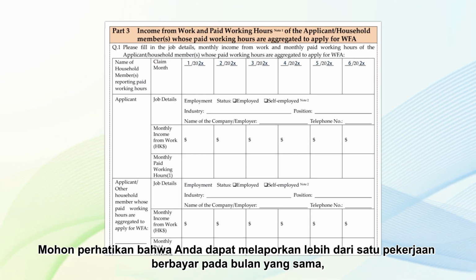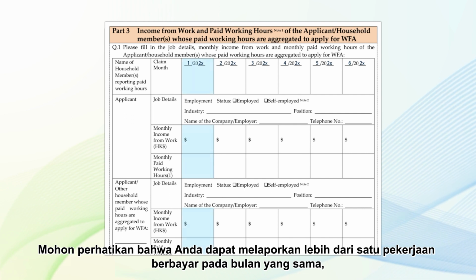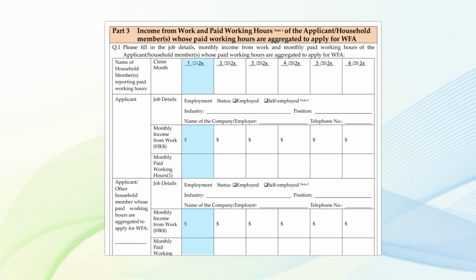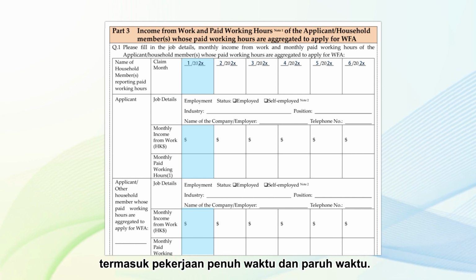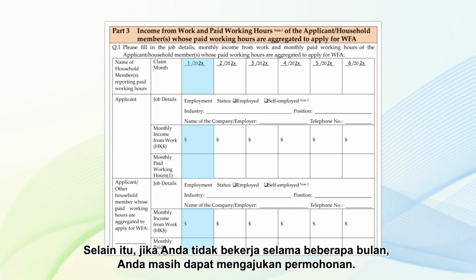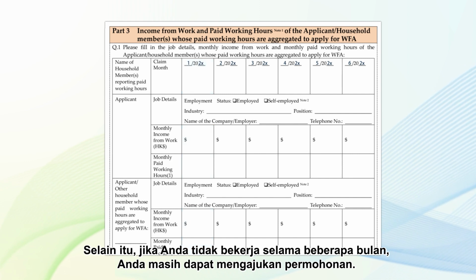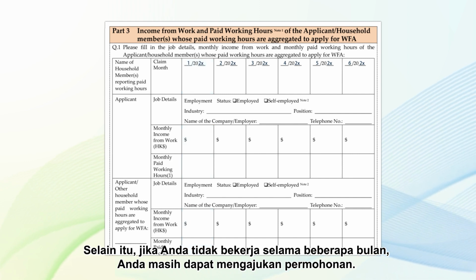Please note that you may report more than one paid jobs in the same month, including full-time and part-time jobs. In addition, if you are unemployed in some months, you may still submit an application.